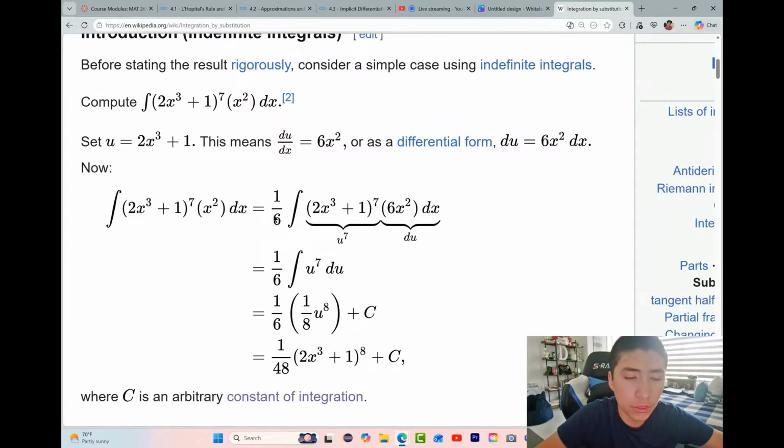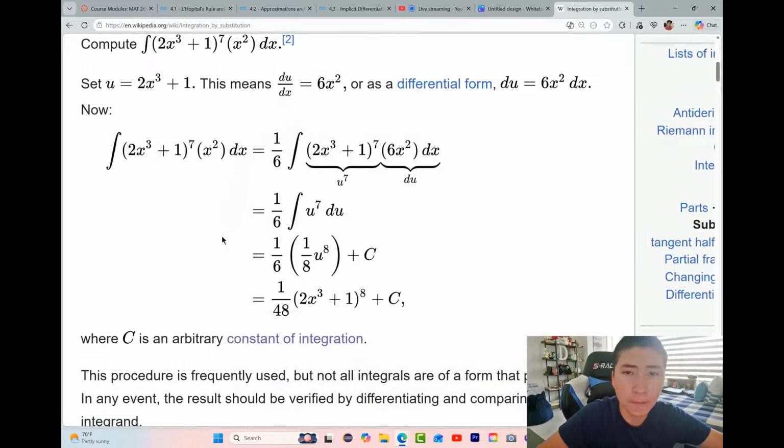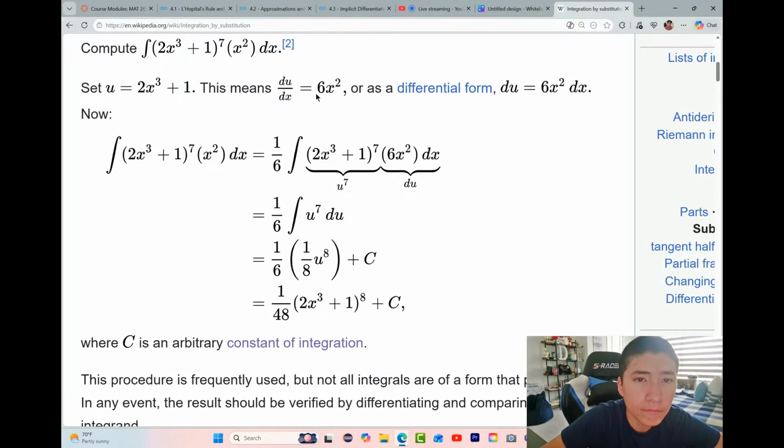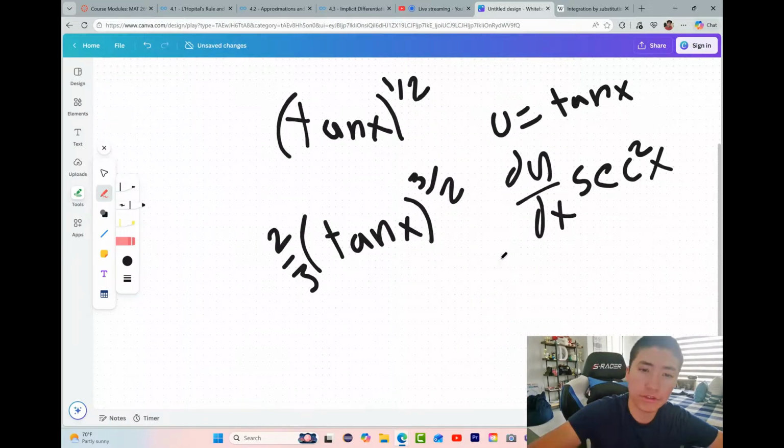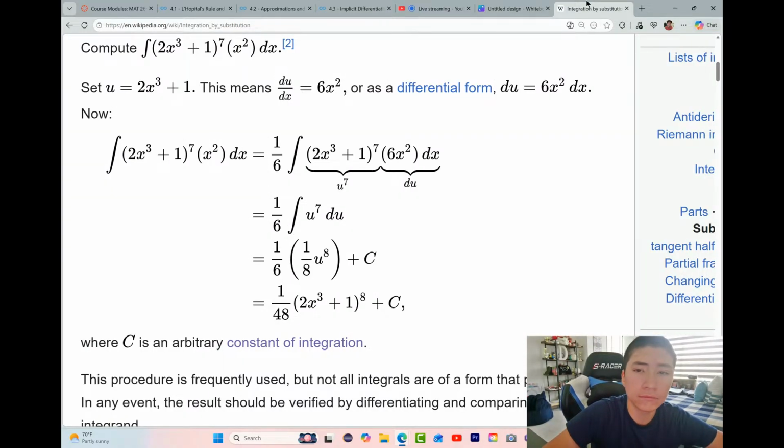How do we get this 1/6 over here? What did we do there? Oh, wait, hold on. So this is going to be u to the power of 1/2. Oh, so u du.